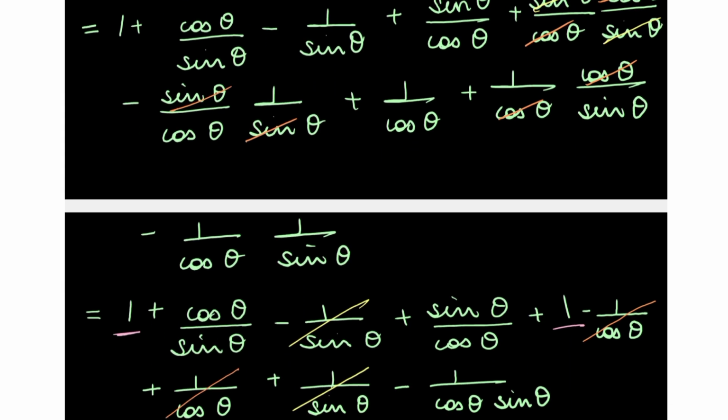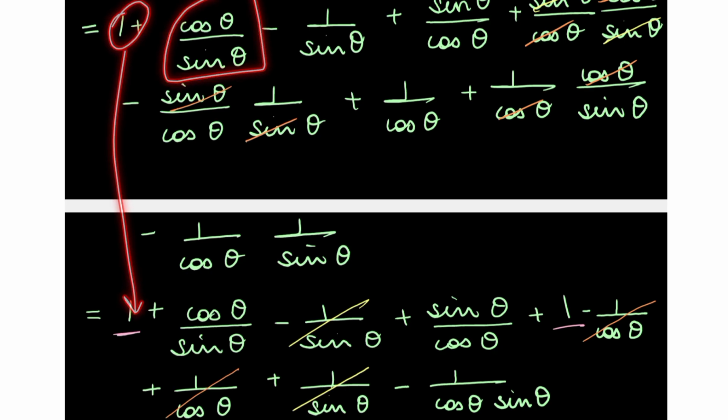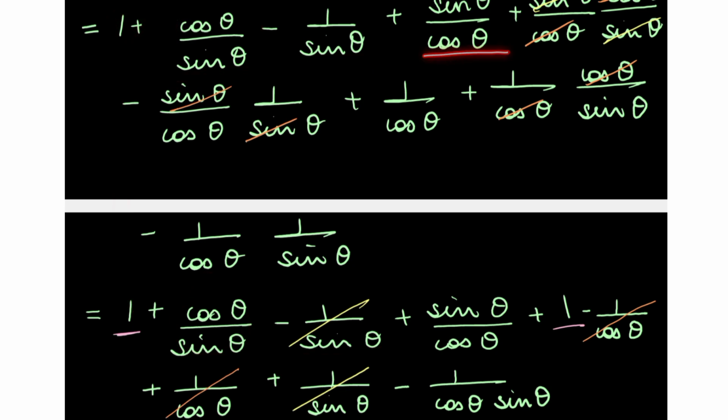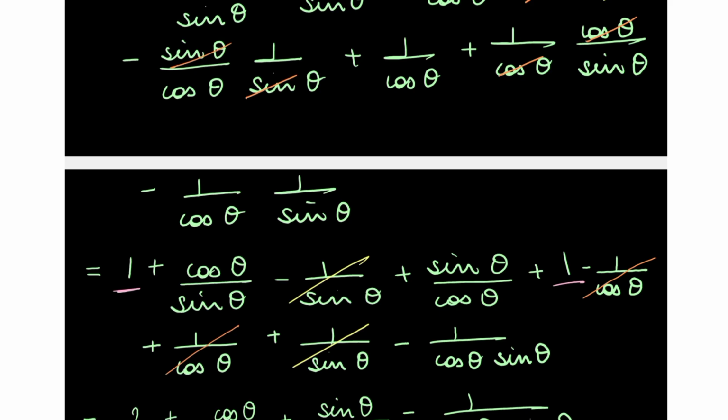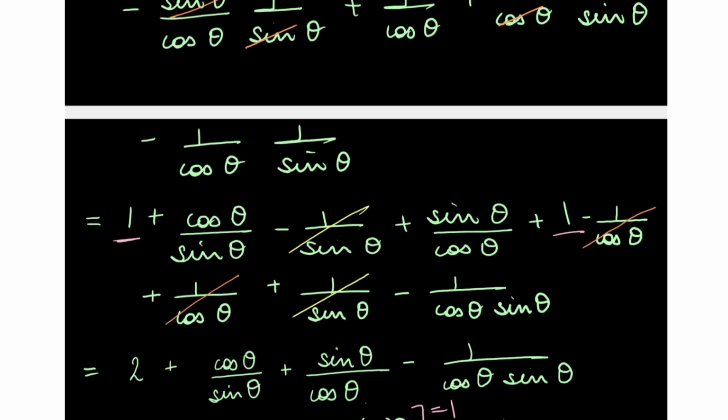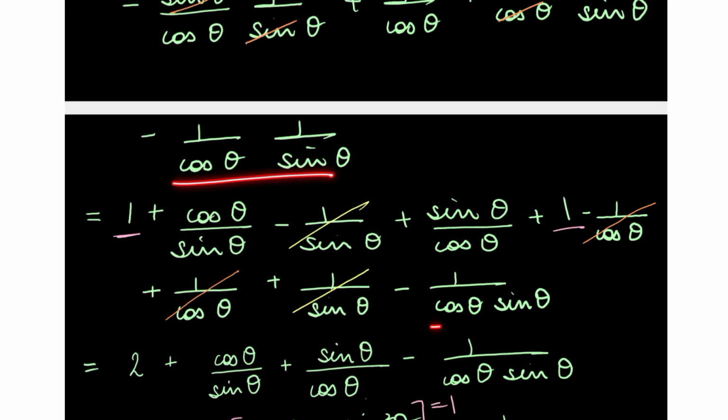Okay, so what we are left with: 1, cos upon sine, minus 1 upon sine, plus sine upon cos, plus 1, because these are cancelled, minus 1 by cos, plus 1 by cos, and last 1 by cos into sine.